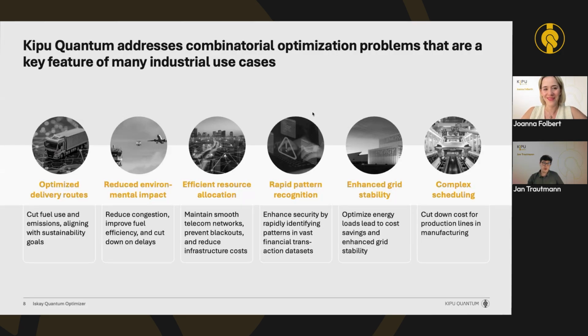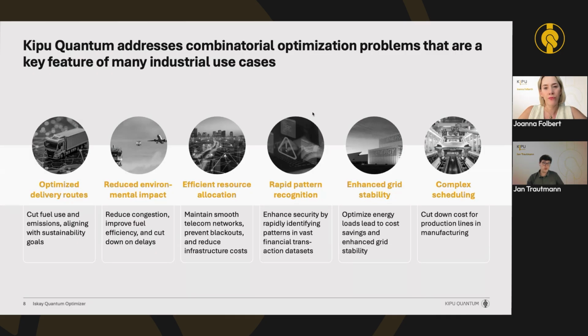With this optimization solver, we can address a huge number of optimization problems from various fields and with various use cases. For example, one of the classical ones is optimizing delivery routes, where we can cut down fuel costs, or by optimizing the assignment of fuel-saving flight carriers on aircraft to flights, we can also reduce the environmental impact of your traveling routes.